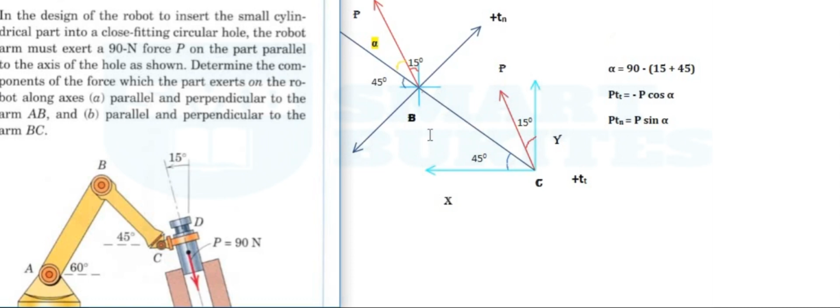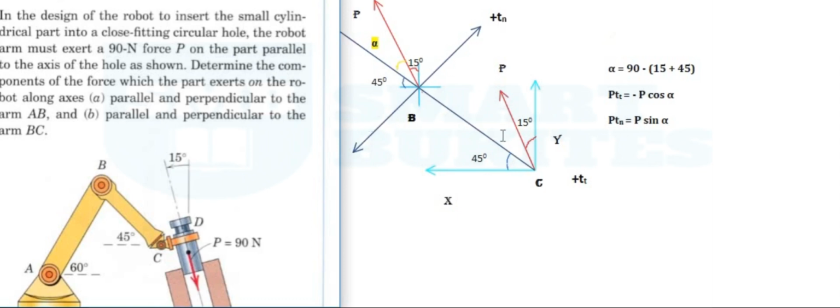As I mentioned earlier, we're asked to find the components of the force P on the axis which is parallel and perpendicular to BC. Now the axis parallel to BC is this one here. You can see it coincides with the direction of the arm BC in this direction, while the axis which is perpendicular to BC is at 90 degrees to the first axis here, which is TN.